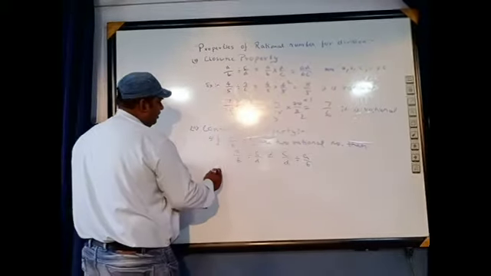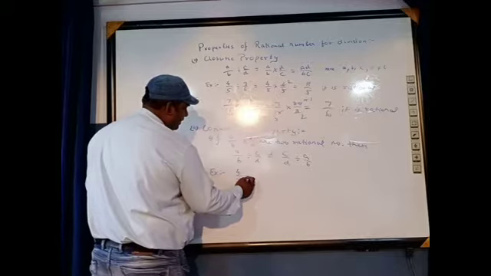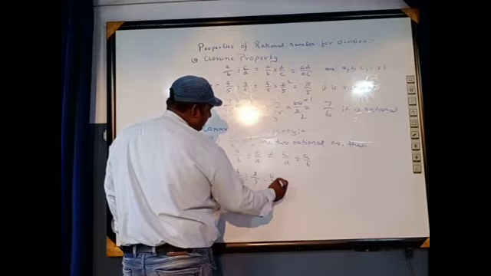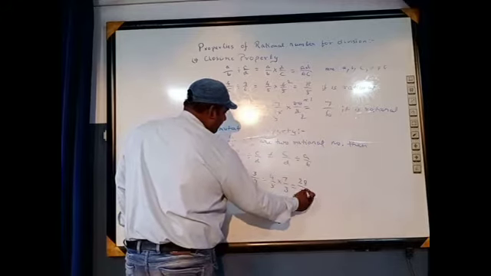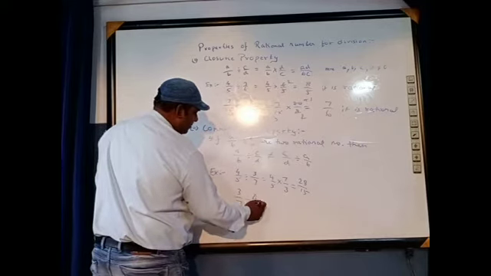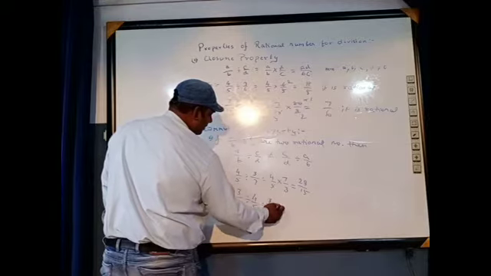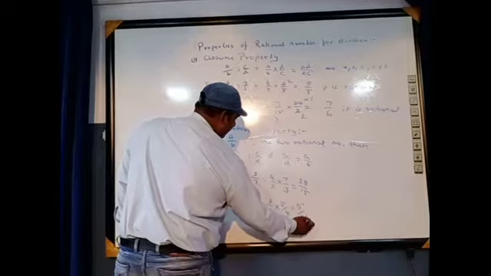Look here, example. If 4 by 5 divided 3 by 7, what you get? 4 by 5 into 7 by 3, that is 28 by 15. And 3 by 7 divided 4 by 5, that is also 3 by 7 into 5 by 4, what you get? 15 by 28.